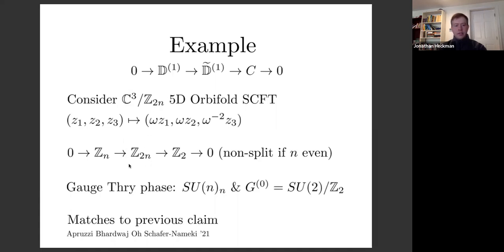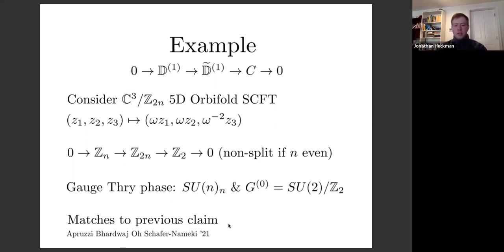That's the naive answer. Here's the actual one-form symmetry. And then if you quotient, and if n is even, so n itself is even, not just 2n, then this does not split as an exact sequence. It turns out that precisely when n is even, there's a gauge theory phase for this 5D CFT that you can write down. It's given by SU(N) gauge theory at level n.